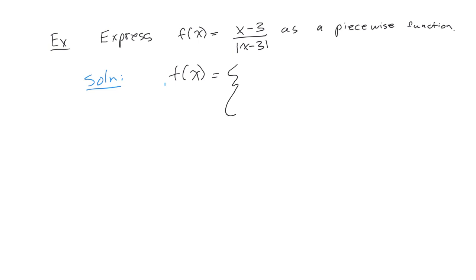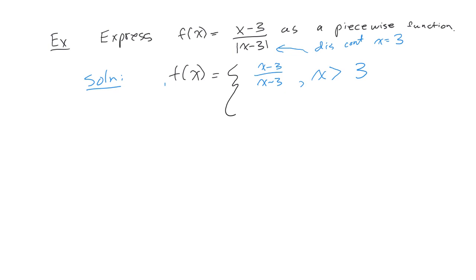And for this one, the only discontinuity happens at x is equal to positive 3. At 3, we can't calculate it. So there is a positive half that looks like this: (x minus 3) over (x minus 3), for x greater than 3.